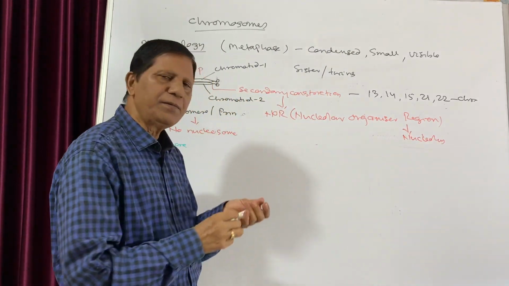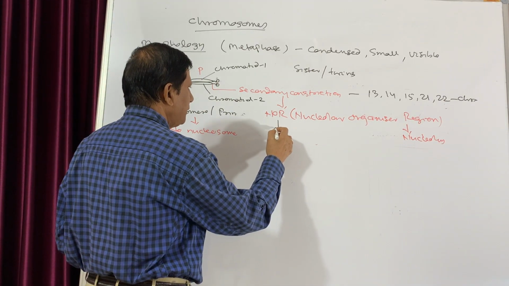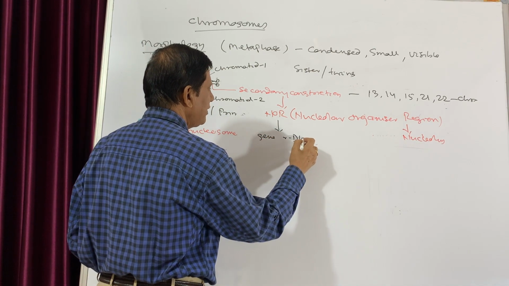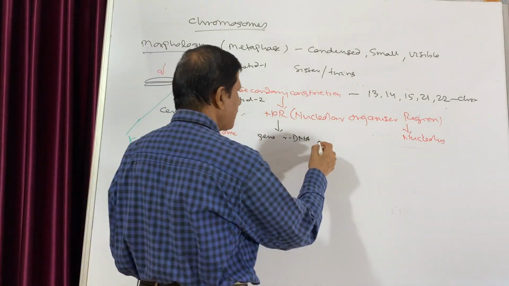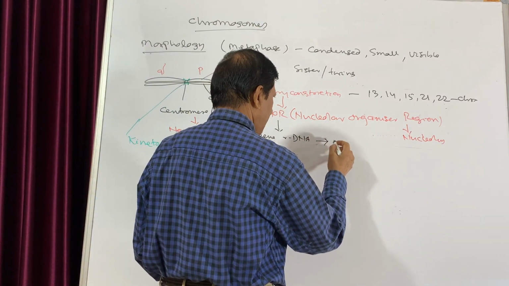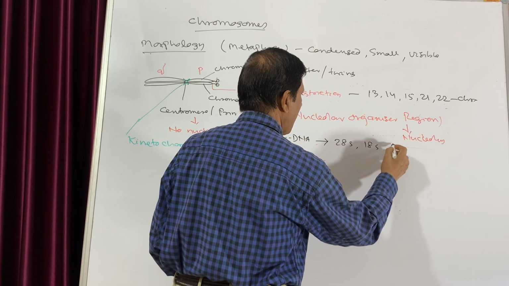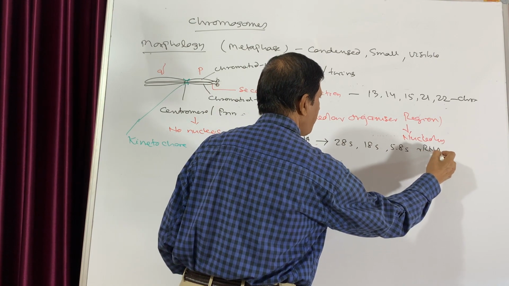In this region, there is the rDNA gene, which transcribes 28S, 18S and 5.8S rRNAs.